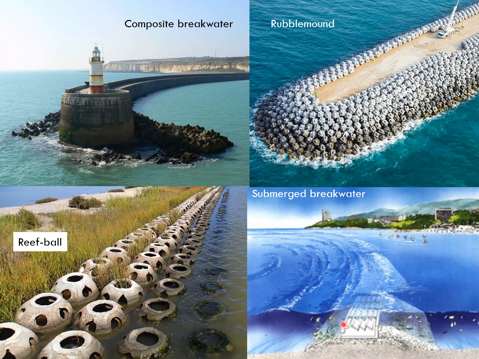There are also breakwaters which are built to be submerged underwater. The main reason for doing that is for aesthetic reasons, so that it does not protrude above the sea water surface.